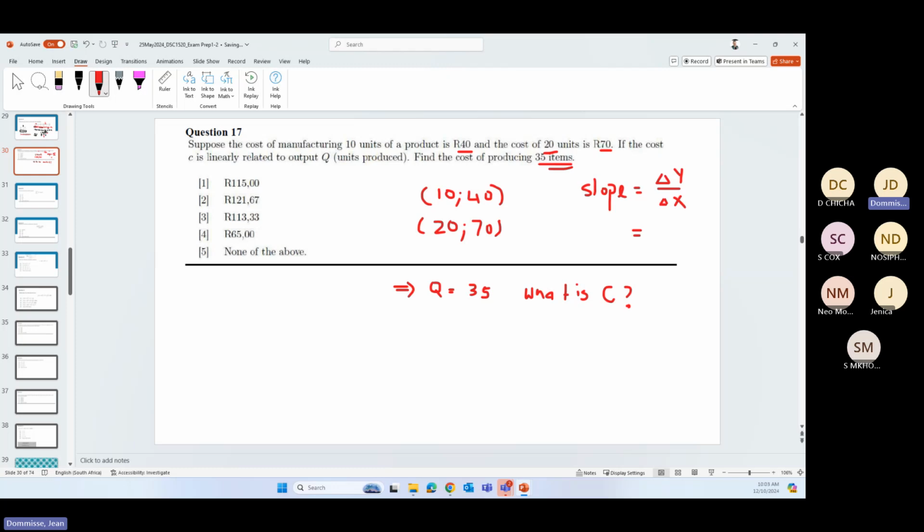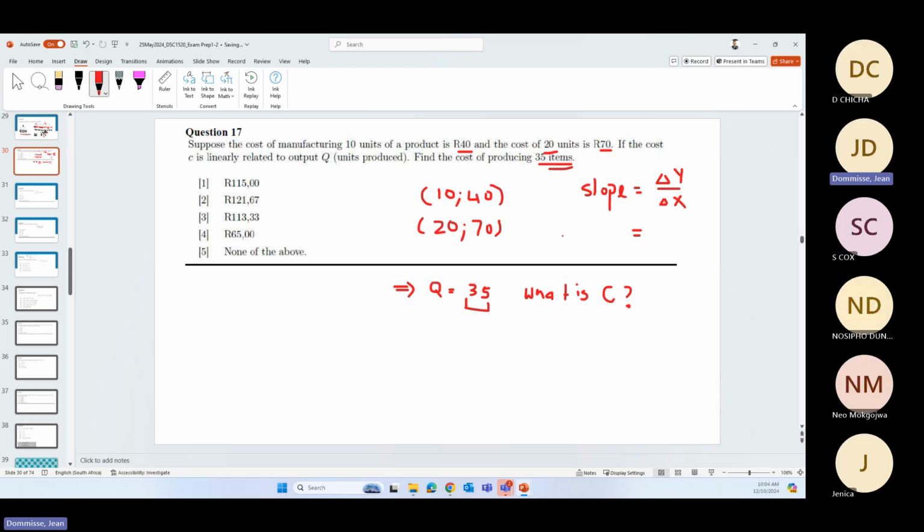Perfect. That is what we will do. We will determine the rate of change per unit, and then we will put that into that. Just remember, we're going to work out the slope, and then from the slope we still need to get the function, because there might be a C cutoff that is not 0.